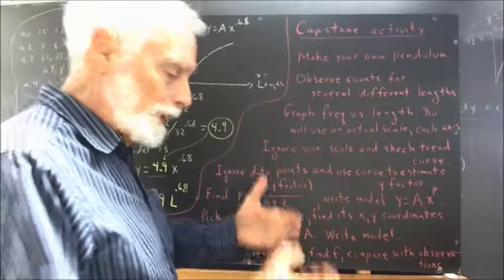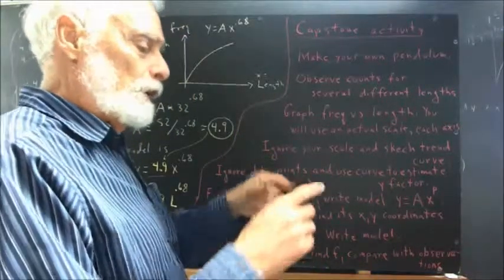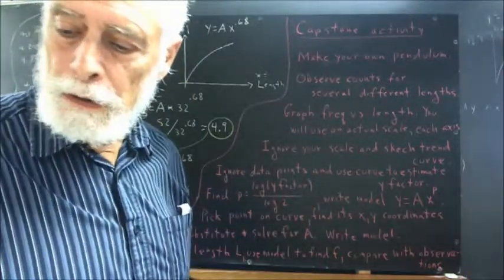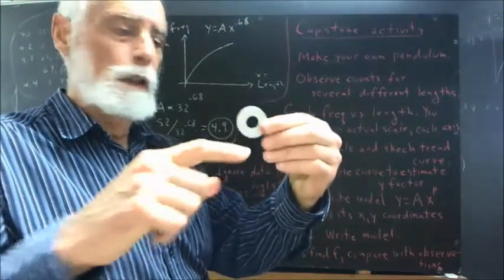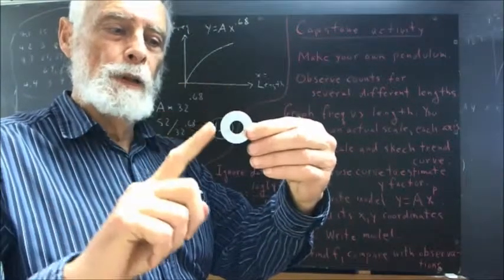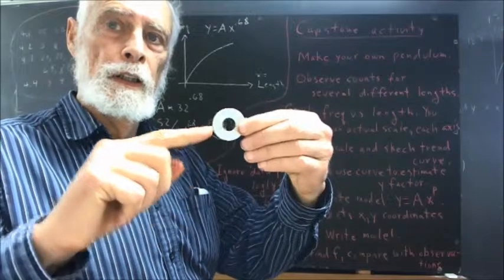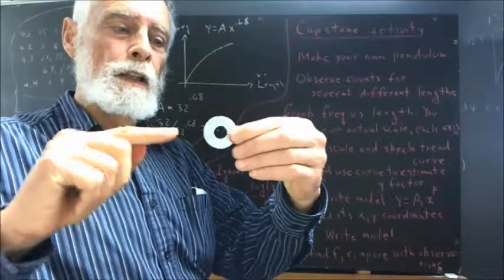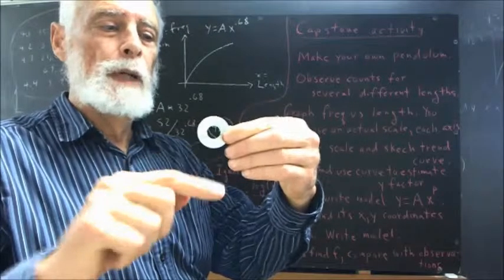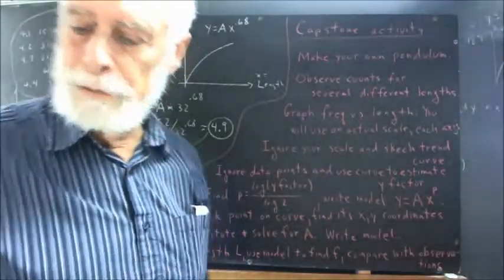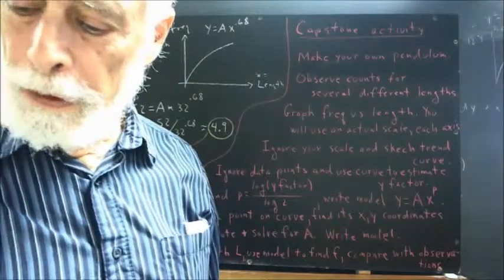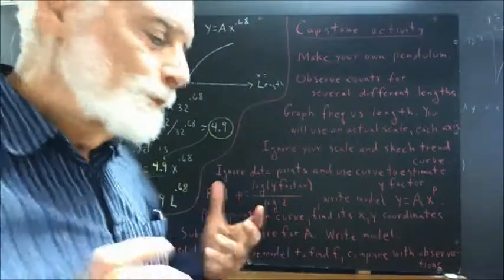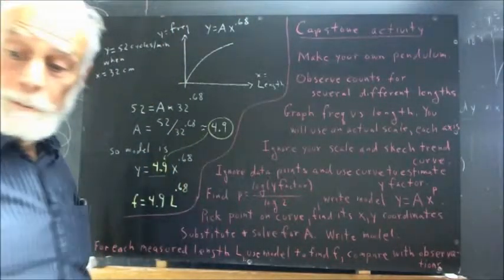Now, if the ring has a heavy stone or something in it, you want that stone to be located halfway between the bottom and the top. In other words, the stone would be right here, even with the middle, rather than at the bottom or the top, because you would want the center of mass of the pendulum to be pretty much in the center.